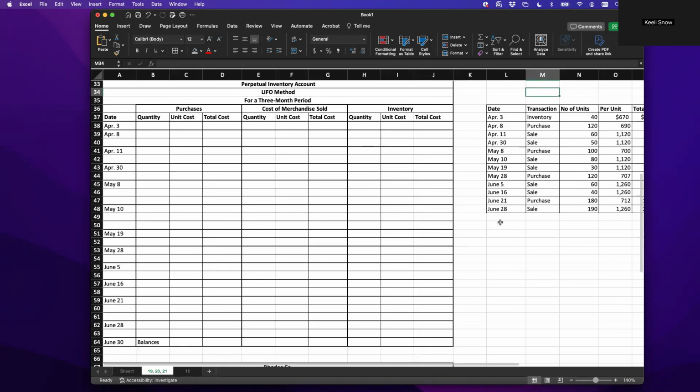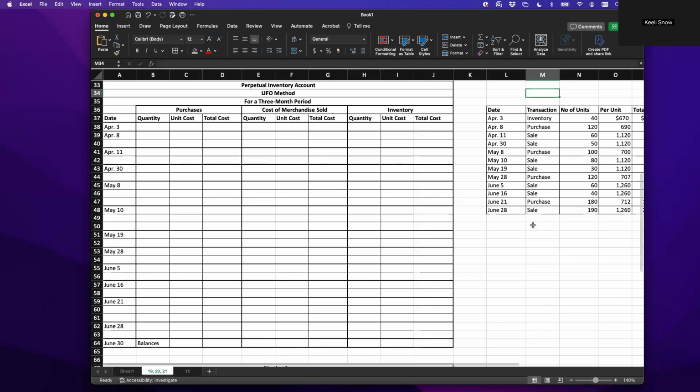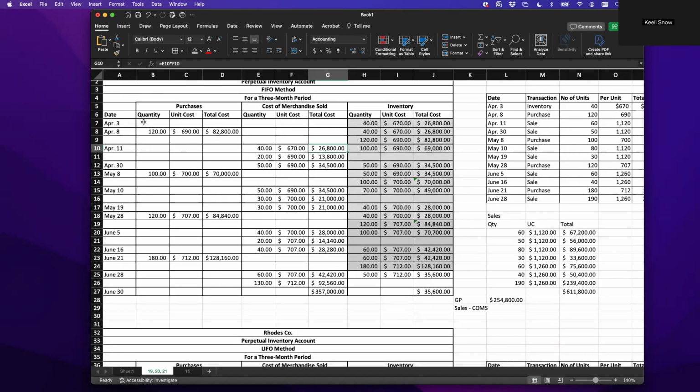So let's figure this out for LIFO. We're even going to start out the same way for April 3rd and April 8th. So I'm actually going to copy and paste those two.